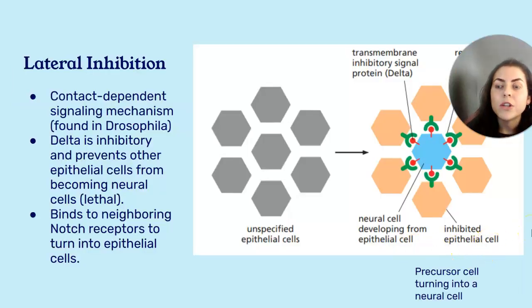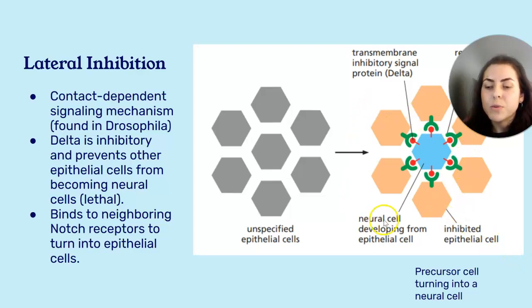So how the Notch and Delta interact with each other is what's called lateral inhibition. It is contact dependent, so they have to interact with each other. What happens is that the cell in the middle, the blue one, is the neural cell that develops from an epithelial cell, so it's a precursor cell turning into a neural cell.